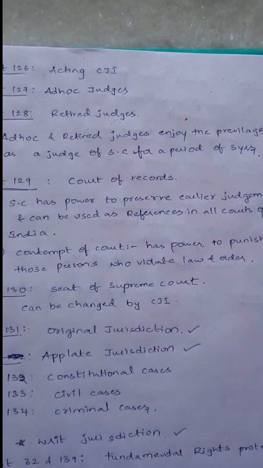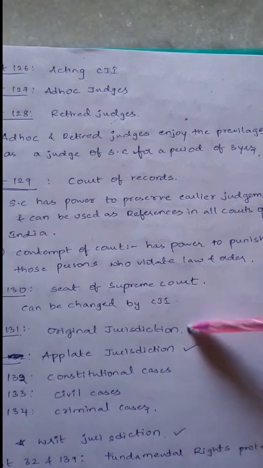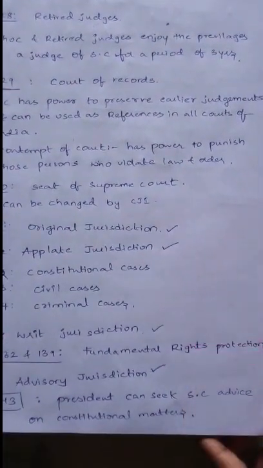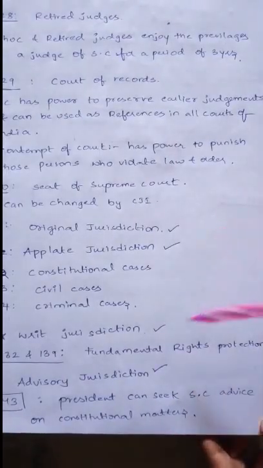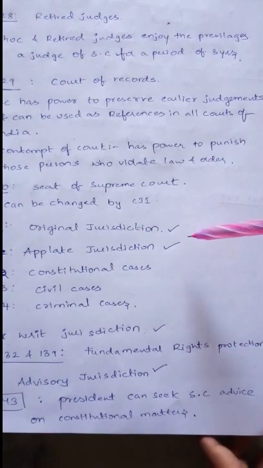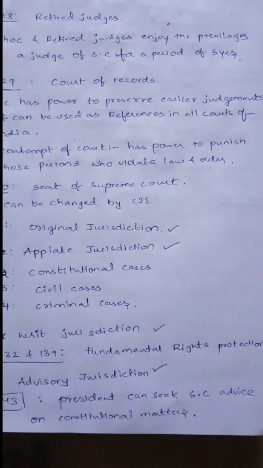Article 131 deals with original jurisdiction. There are 4 jurisdictions primarily: original jurisdiction, appellate jurisdiction, writ jurisdiction, and advisory jurisdiction. These 4 are the primary functions of the Supreme Court. Original jurisdiction deals with all the cases of general importance and any dispute between the states.